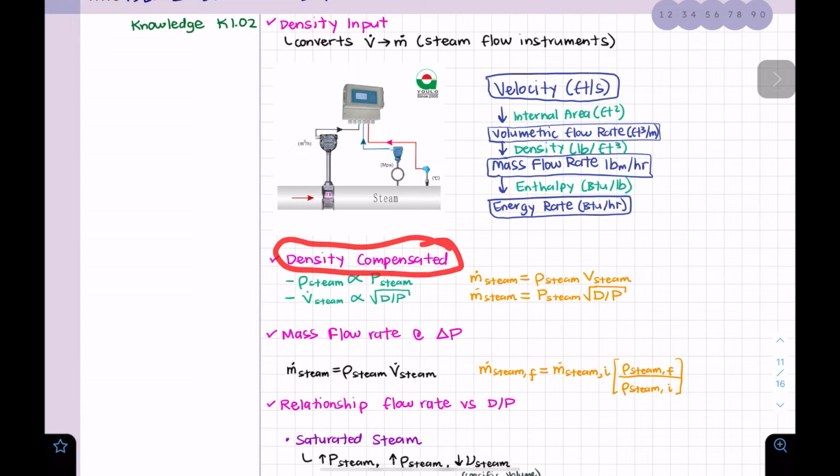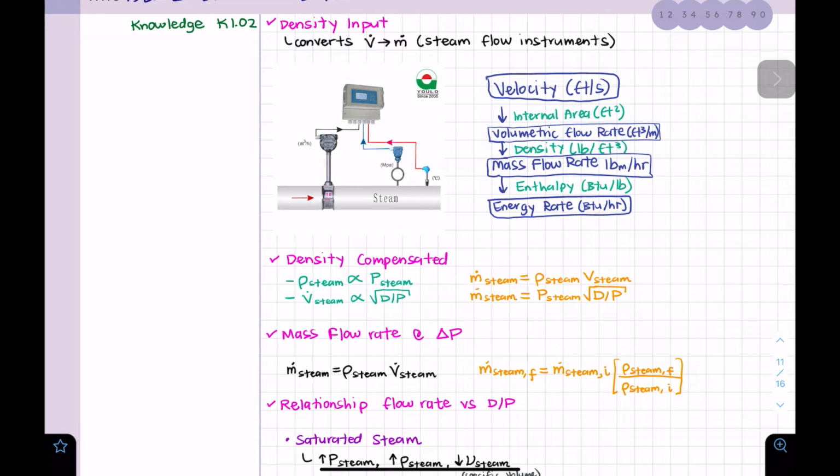So now we have density compensated. As we already talked, compressible fluids such as gases and steam are often going to experience changes in their density. So volumetric flow rate can be affected by these changes, and can also produce an inaccurate flow measurement. There are some technologies that can measure mass flow directly, but these can also have difficulties in metering compressible fluids such as steam.